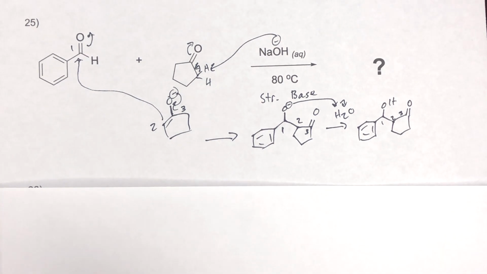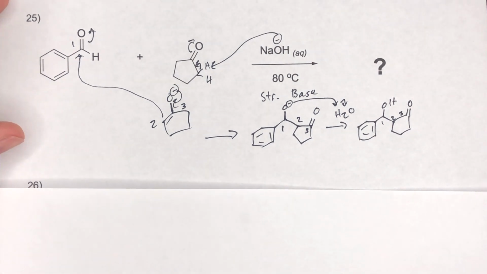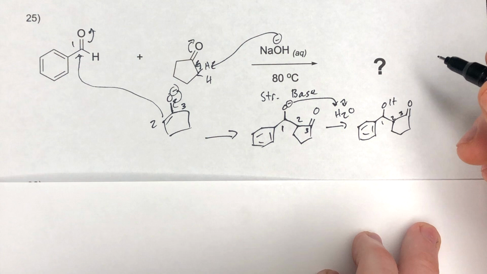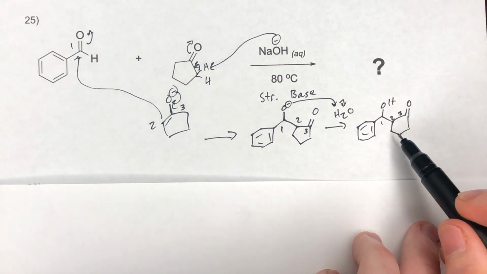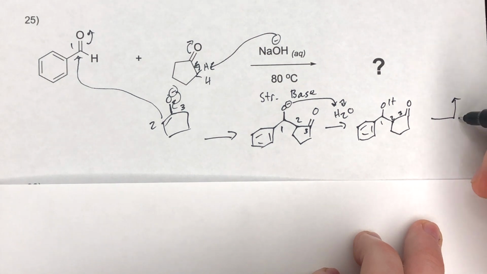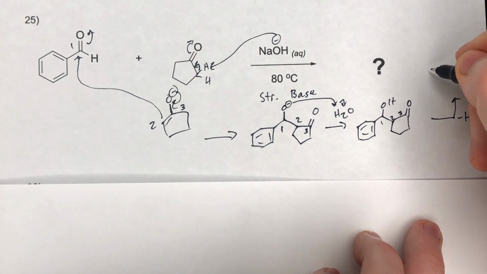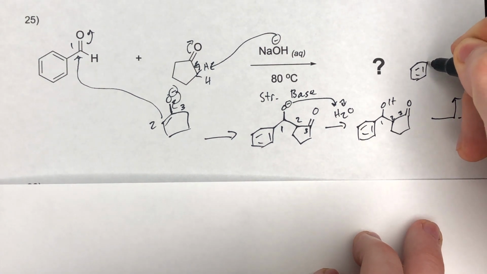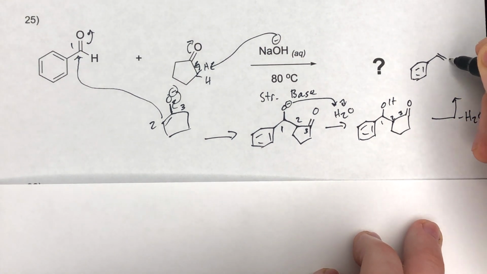So mechanistically, there's a few ways that you can show this, but since this isn't the main point of this question, I'm not going to spend the time to do it, but you're going to lose water as a byproduct and create a carbon-carbon double bond between position 1 and 2. So minus the water that we lose, and then we create an alpha beta unsaturated ketone in this case.